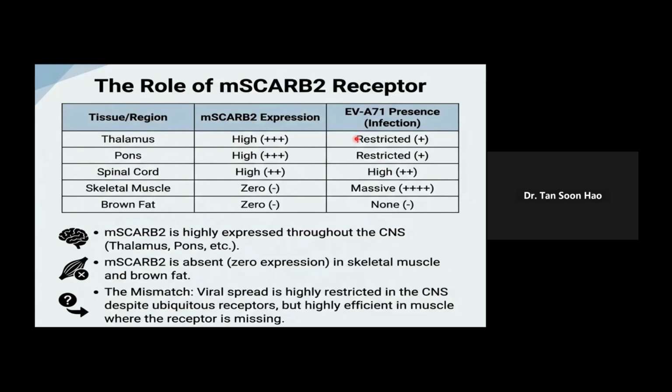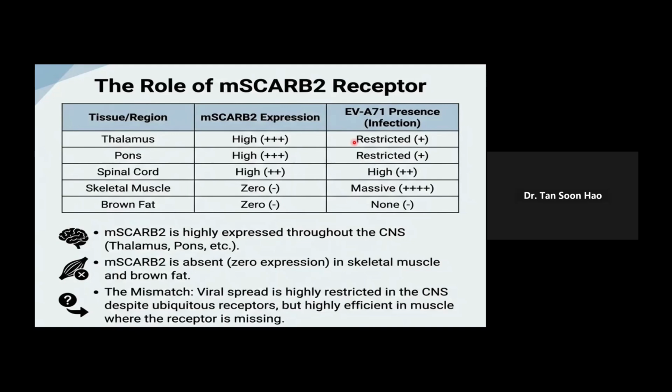The presence of the viral antigen in the CNS is actually very limited compared to other neurotropic viruses such as JE, where the viral antigens were massive in the brain itself. But EV-A71 is different. The viral antigen is very limited and is heavily surrounded by inflammatory cells.